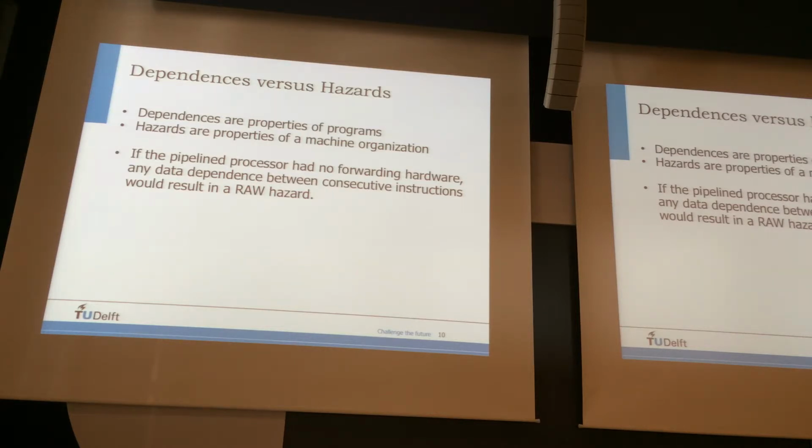Now, in the normal processor, if I do not have what is called forwarding hardware, I will have to stall all the time in order to avoid the read after write hazard. Are you familiar with the forwarding hardware?